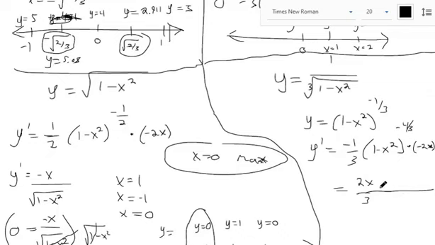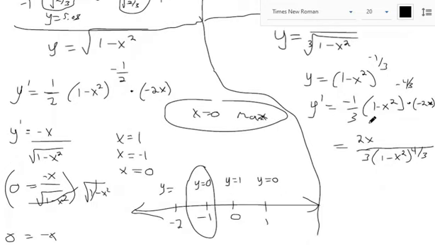What's an easier way of writing that? Okay, put it in the denominator. And so remember, critical points are where the derivative equals 0 or where the derivative fails to exist. So here's my derivative.